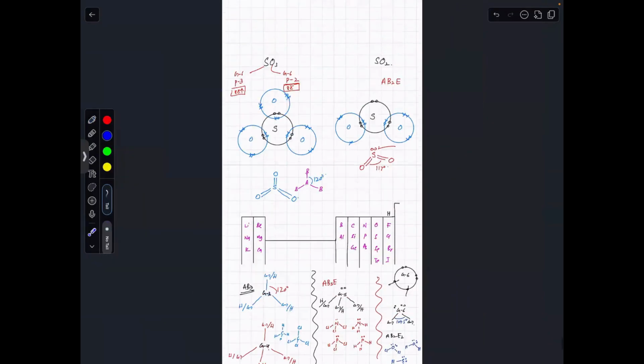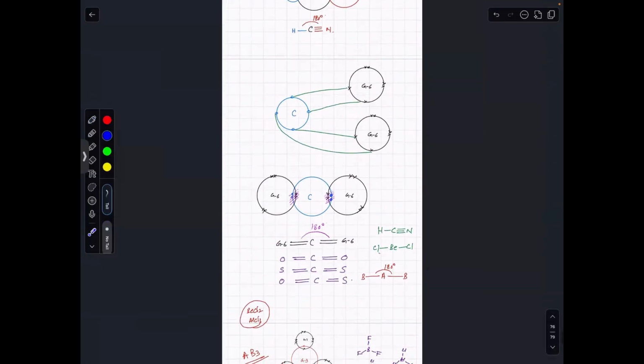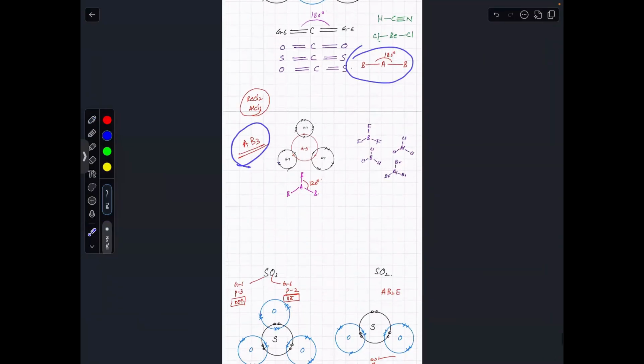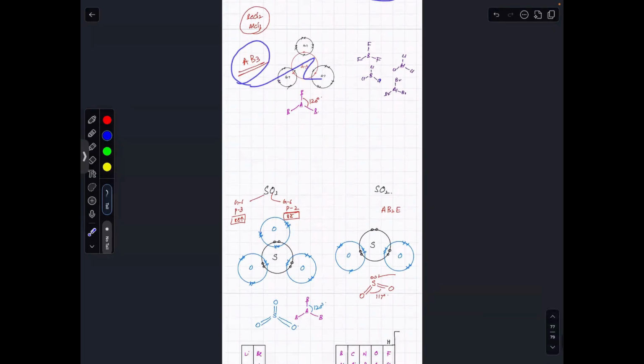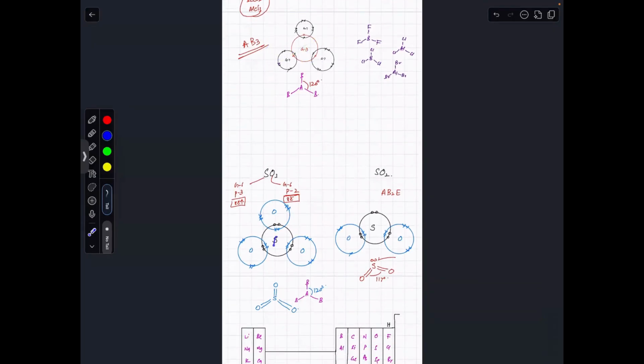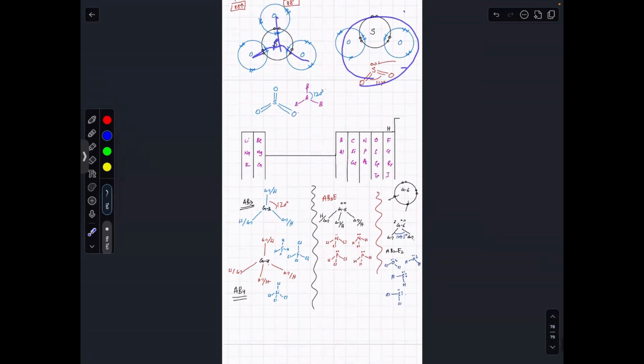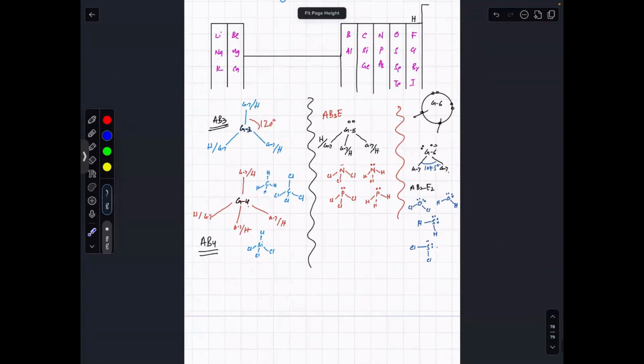Look, starting with this: AB2, then AB3, then AB3 again, AB3 and AB2E. And then I started with group 3 with group 7, AB3. Group 4 with group 7, AB4. Group 5 with group 7, making 3 bonds, 1 lone pair.